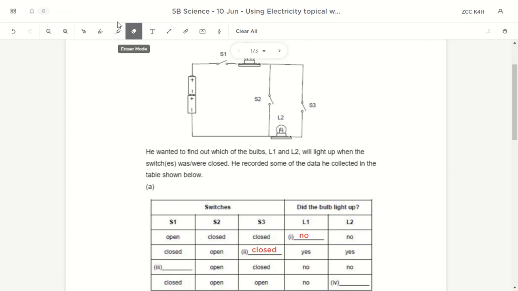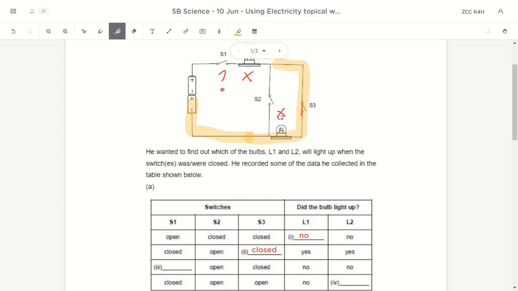Scenario 3: S1 I don't know, so I still put a question mark there. S2 is open, leave it open. S3 is closed. L2 doesn't work, L1 doesn't work. If both don't work, there must be an open circuit. If I trace like that, the fact that it's closed means electric current should flow through.